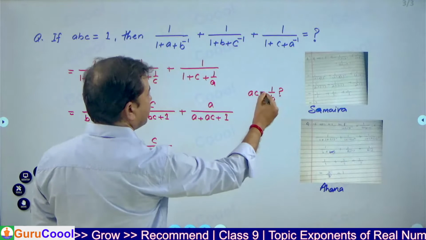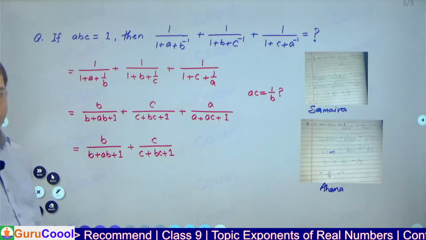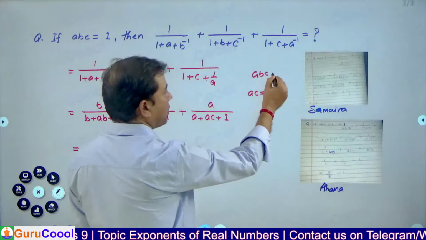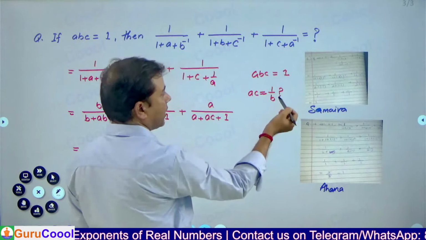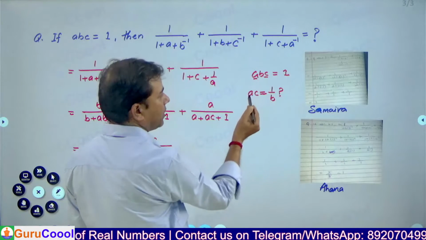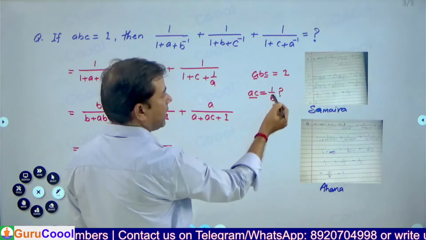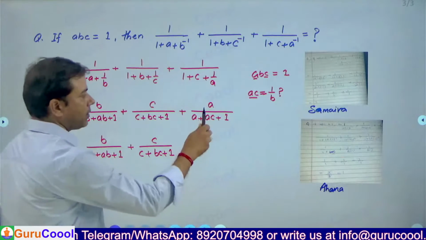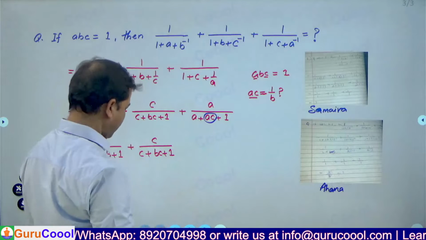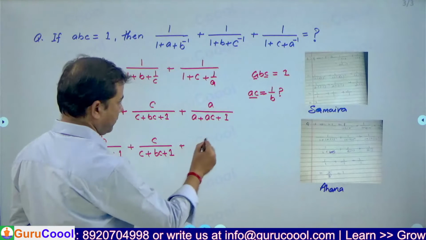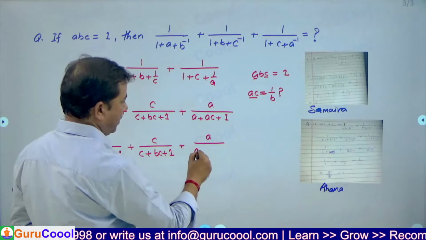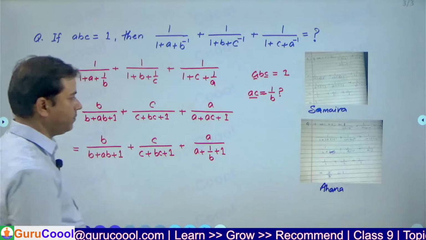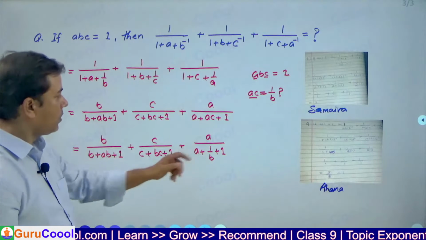Check it. Is that okay? Because abc, the product of 3 is 1. So if we take a and c together on the left side and take b to the other side, it will be 1 by b, correct? Yes. So let's make this change here. a plus 1 by b plus 1. In place of ac, I wrote 1 by b.